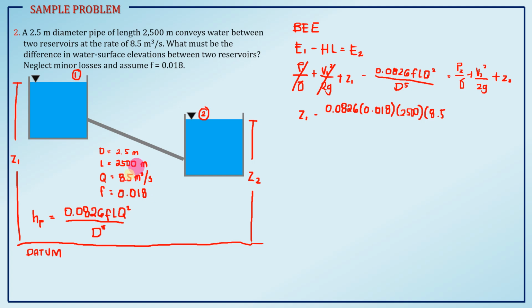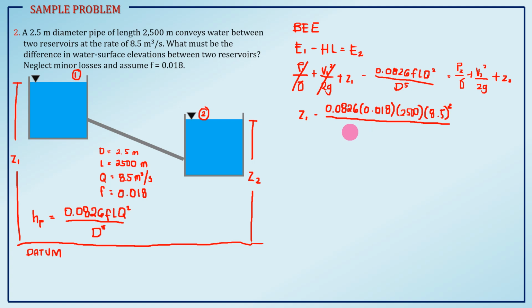squared. Again, the equation for the major head loss in pipelines is for SI units only. It cannot be used with English units, so make sure you check your units.